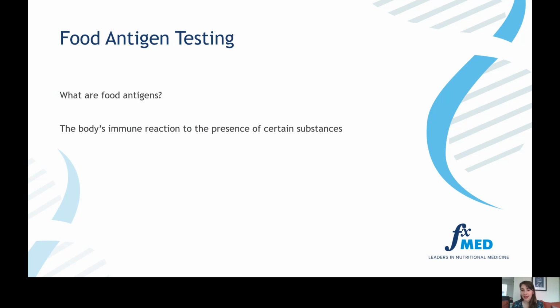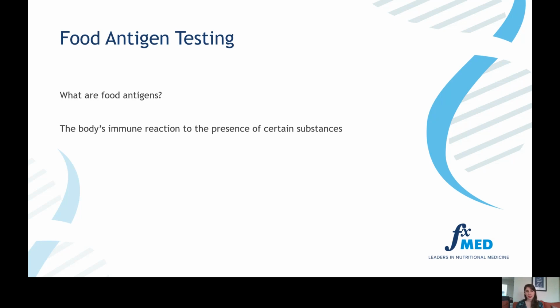And before we launch into the testing options and how the tests work, I just wanted to briefly explain what food antigens are. So the practitioners here will know, but for anyone who isn't aware, food antigens are the body's immune reaction to the presence of certain substances.